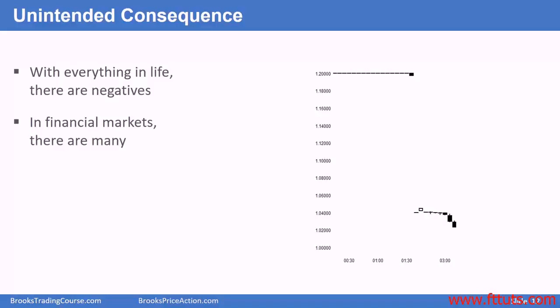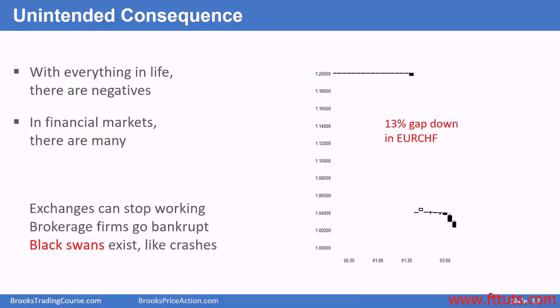Every now and then, stuff happens that you don't understand, and it happens much more often in the financial markets than a lot of traders would like. For example, this is the euro versus the Swiss franc forex market, and look at this.